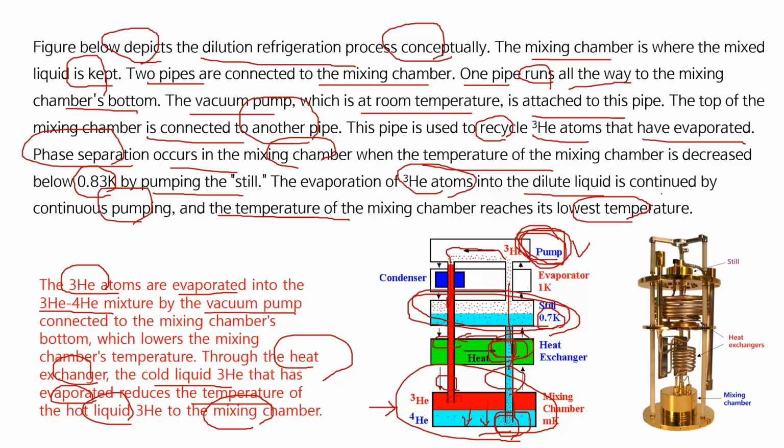So the cooling power of this cold liquid cools the helium-3 liquid from the pump, and the temperature of this incoming helium-3 liquid should be close to the temperature of the mixing chamber by using the heat exchanger.